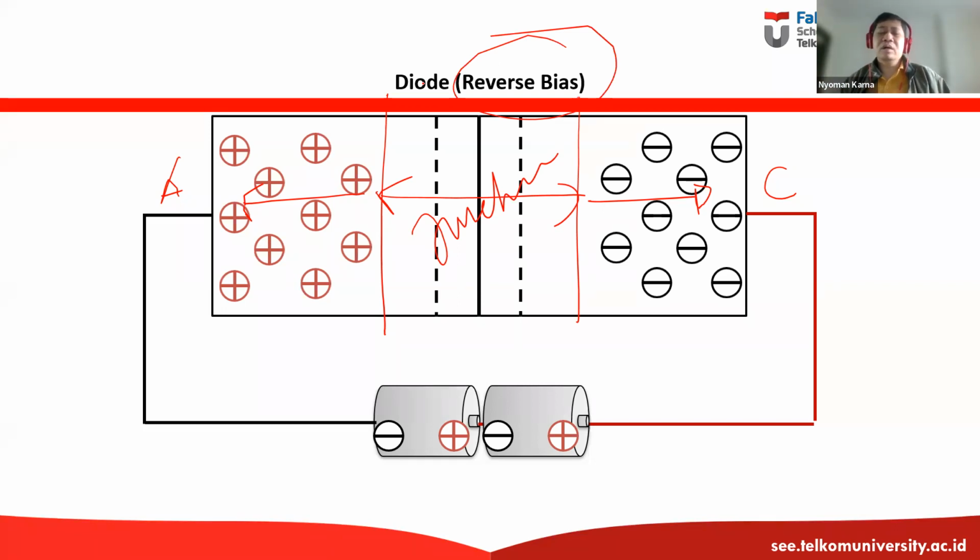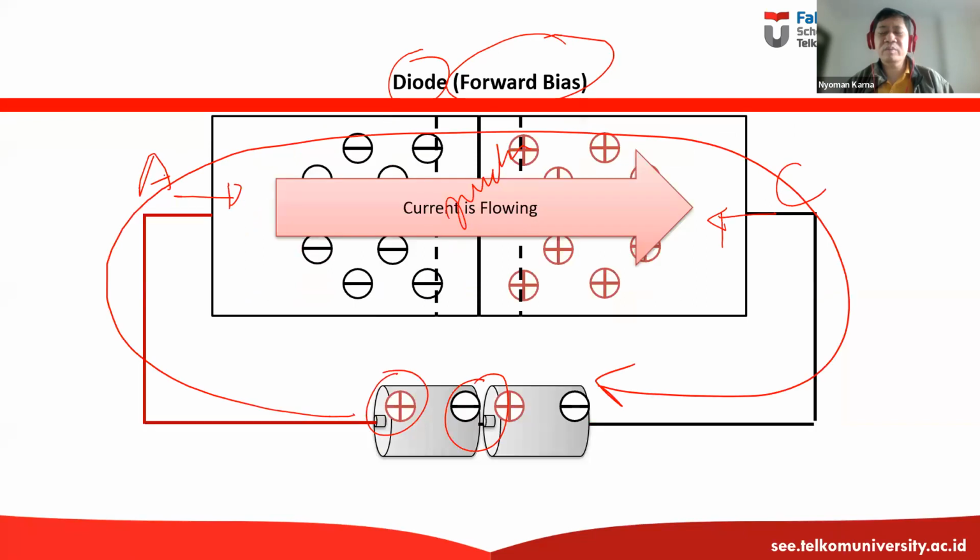So it doesn't matter how many batteries you put into this circuit, there will be no current flow through the diode because it's in reverse bias. However, in the forward bias, you will need a strong enough battery, approximately around 0.7 volt, just to make the current flow through the diode.